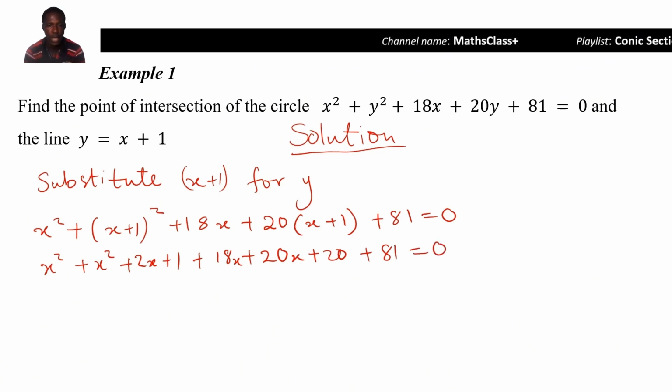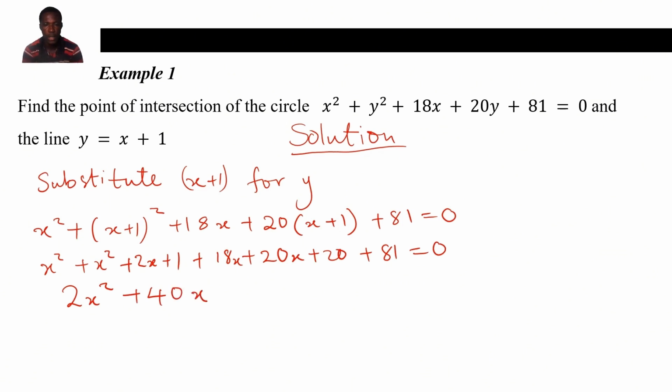So x squared plus x squared, that is 2x squared. 2x plus 18x plus another 20x, that will be plus 40x. Then we also add a constant. We have 81 plus 20, that will be 101, plus 1, that will be 102.